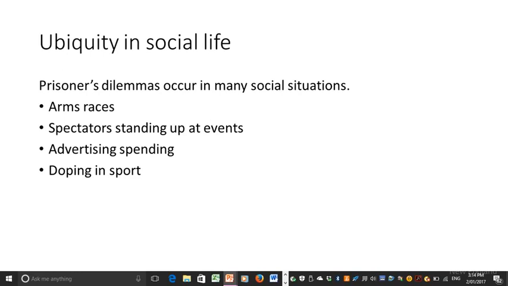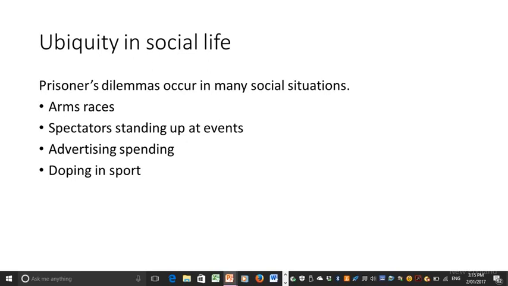The rational thing to do is to defect, stand up, whatever anyone else is doing, but the outcome then is everyone's worse off than if everyone had stayed seated. It's basically what I said last time, but expressed in a way that makes it clear how it's an example of exactly the same sort of setup as the prisoner's dilemma.